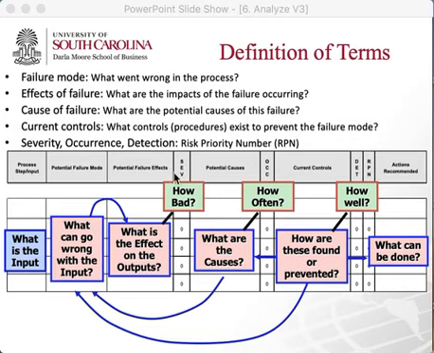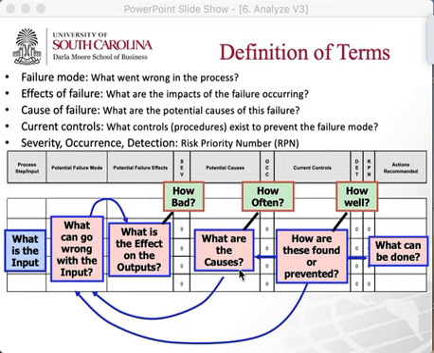So I have a lot of different columns. What is the input or the step that you're looking at? And we're going to talk about failure mode, failure effect, cause, and controls, right? These things separately. Failure mode is what can go wrong. You have the failure effect: what is the effect of that thing if it goes wrong? We have the causes: what caused that thing to go wrong?